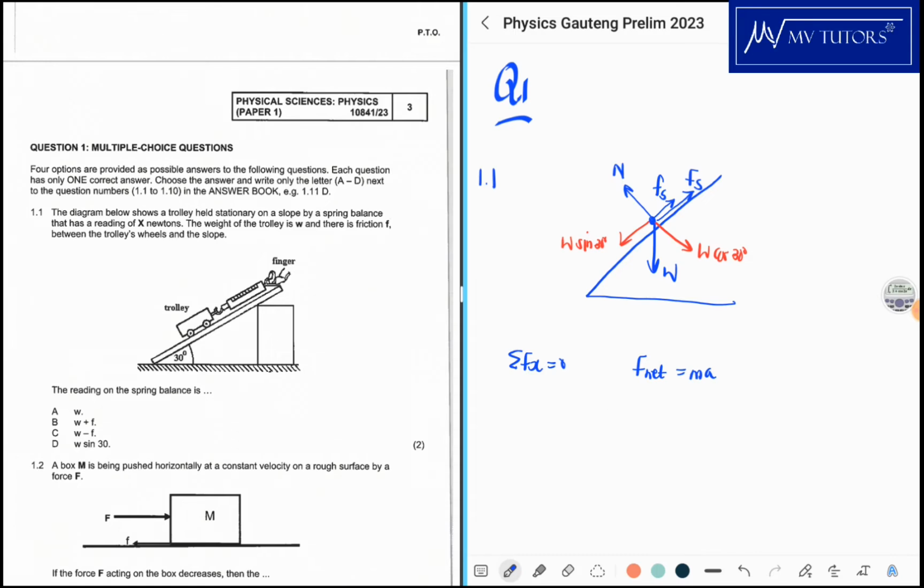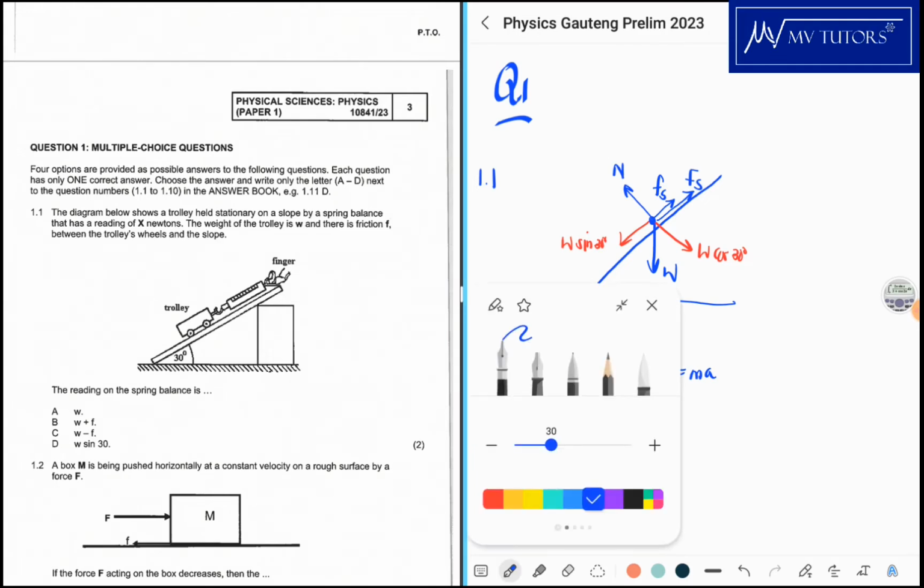If I take upward as positive, I'm going to have my force due to the spring, the static friction. Maybe I shouldn't have used Fs. Let me rather use Ff for the force of friction, just to say it's the force of friction.